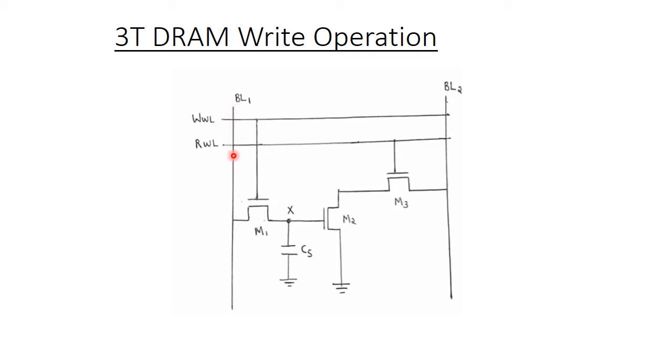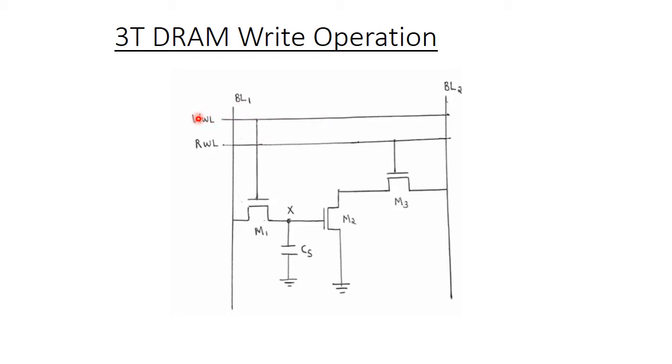To write 1 we need to pre-charge BL1, the bit line, to VDD, or to write 0 we need to pre-charge the bit line to ground. That is the key point to be remembered. With these points in mind we can move on to the write operation.